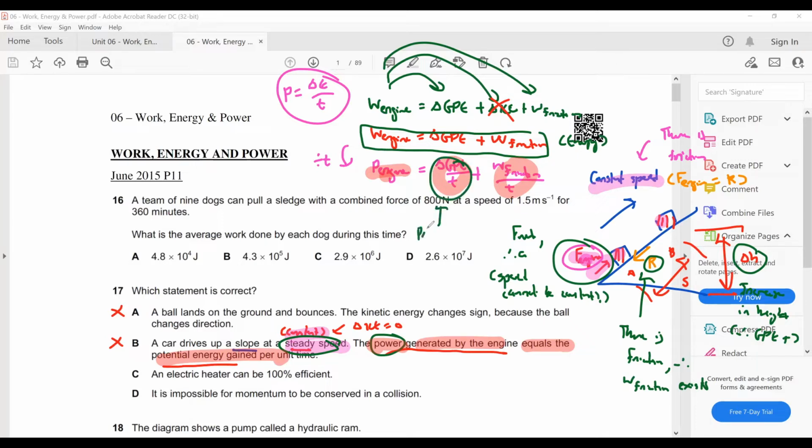So this is the potential energy gain per unit time. You can see the power of the engine is not equal to the potential energy gain per unit time only. It's actually equal to the potential energy gain per unit time plus work done against friction per unit time. So that's why answer B is wrong.